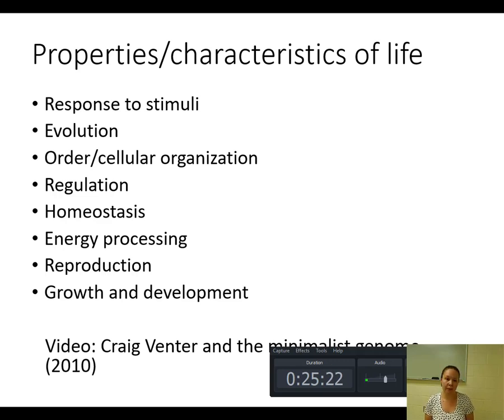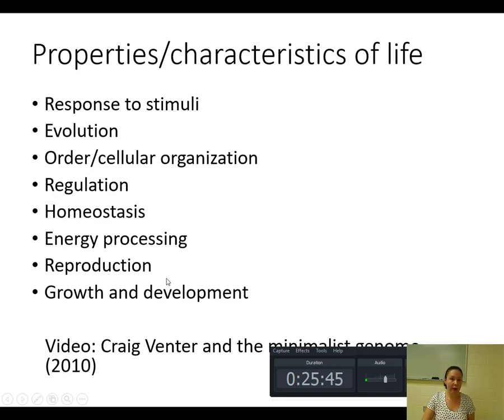Regulation. You have to be able to regulate yourself, and along with that, maintain body homeostasis. Along with that, you have to be able to process energy. Plants get their energy through a process known as photosynthesis, and humans and other animals get their energy through a process known as cellular respiration.